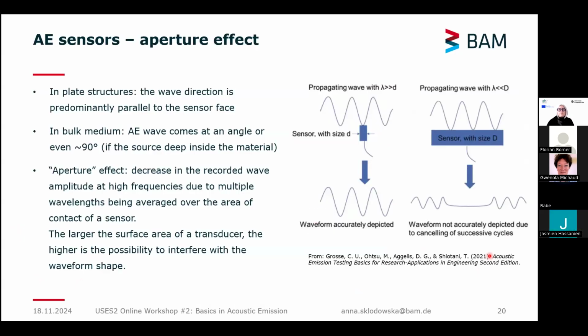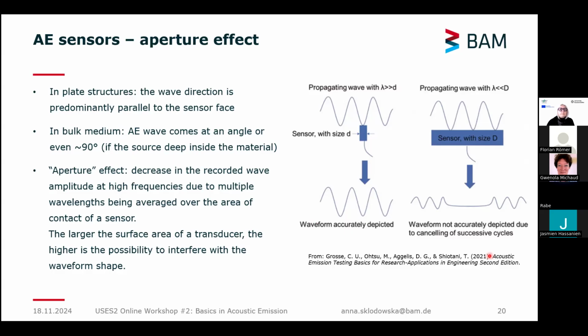An important thing to keep in mind when doing acoustic emission measurements is also the aperture effect. In plate structures, we assume that the wave direction is predominantly parallel to the sensor surface, which is different in bulk mediums, like concrete blocks, where the wave comes at an angle, or even at 90 degrees if the source is deep enough inside the material that we can assume so.